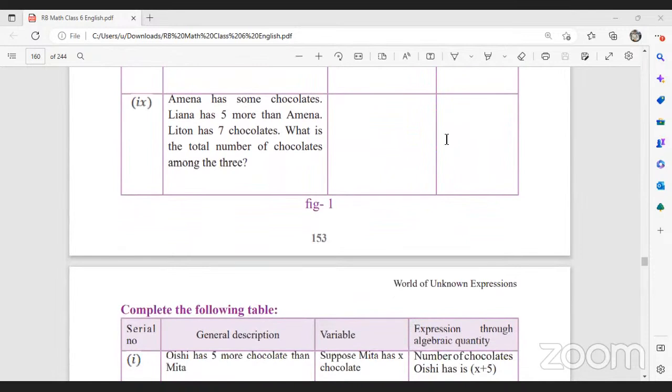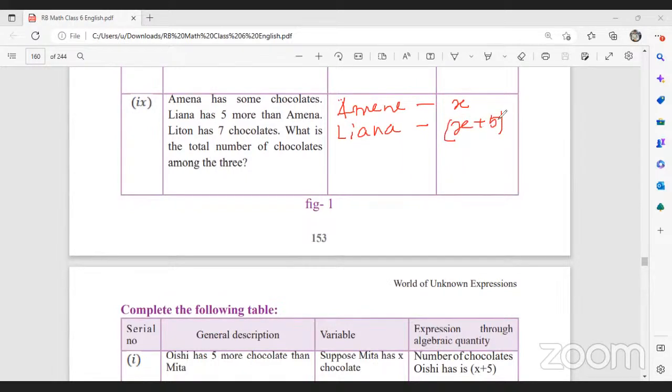Amina has some chocolates and Liana has 5 more than this. Let's go briefly. How many did Amina have? x. Then what will be Liana's number of chocolates? Sir, x plus 5, because Amina has x and Liana has 5 more.